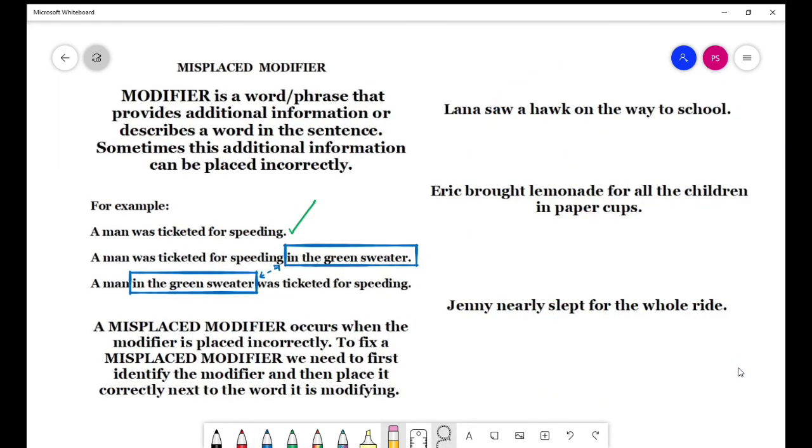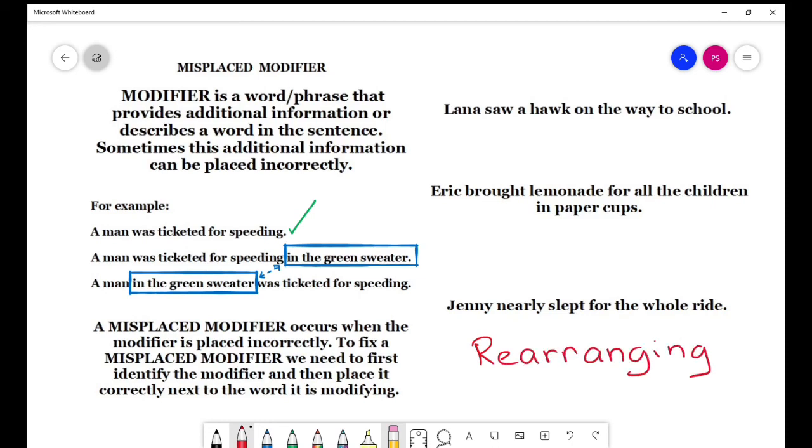I recommend that you do more exercises on fixing misplaced modifiers. And as you're fixing them, one key thing to remember is that when we fix misplaced modifiers, we do not add any extra words in the sentence. We are simply rearranging the modifier or the words within the sentence.